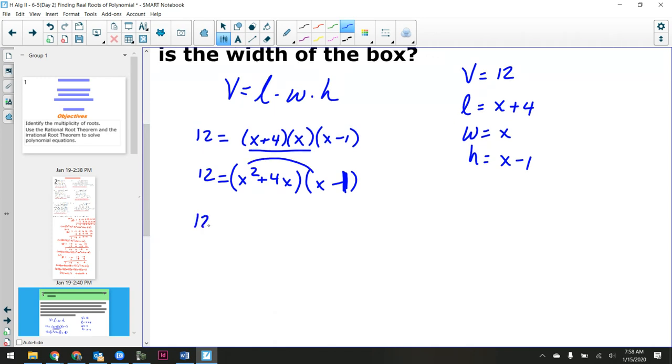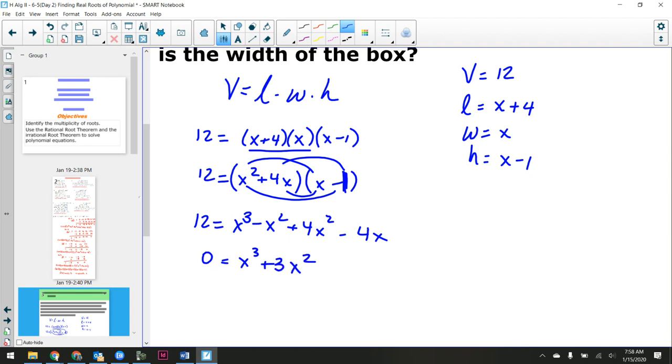First, we got x to the third, outer minus x squared, inner plus 4x squared, last minus 4x. Does that follow me there? So that means we get 0, and I'm going to bring over the 12 now. I'm going to do 2 steps at once. Bring over the 12 to the right side: x to the third plus 3x squared minus 4x minus 12.